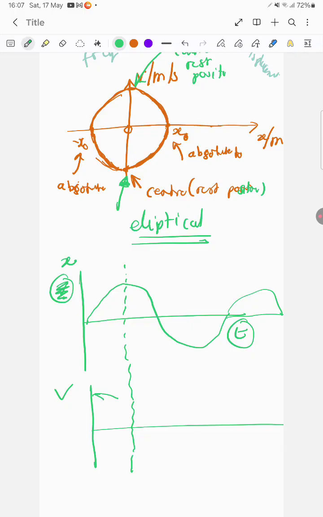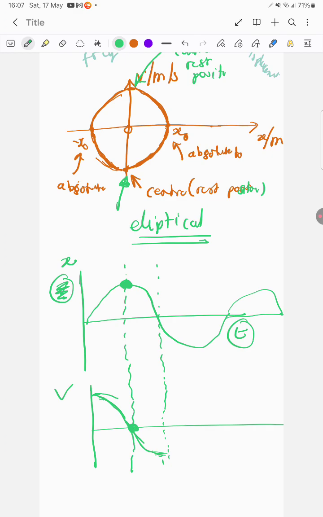So these are like defining points in the motion. This turning point is the 0 point. If the turning point on your x is a maximum point, it's a 0 point on the v.